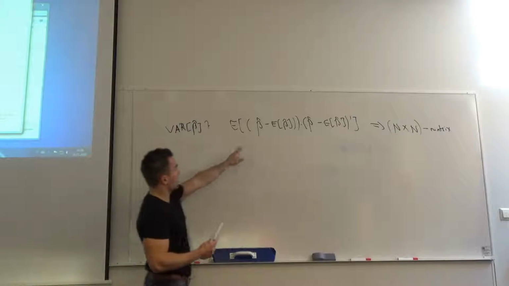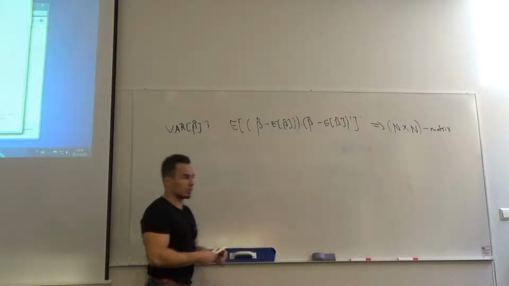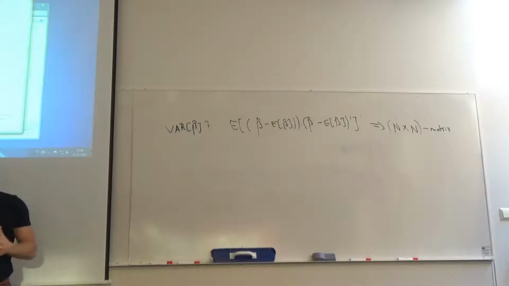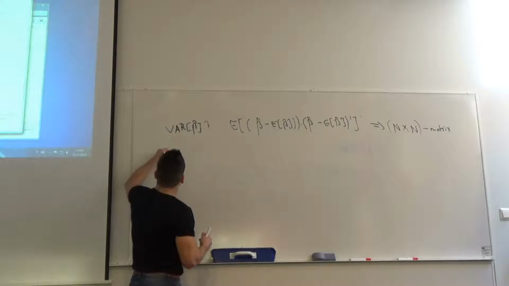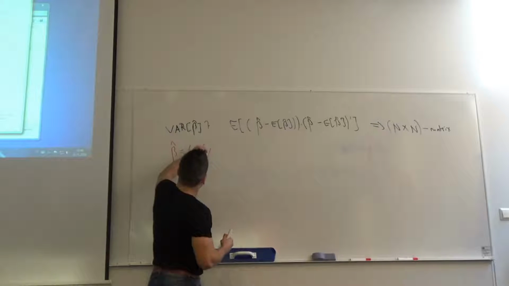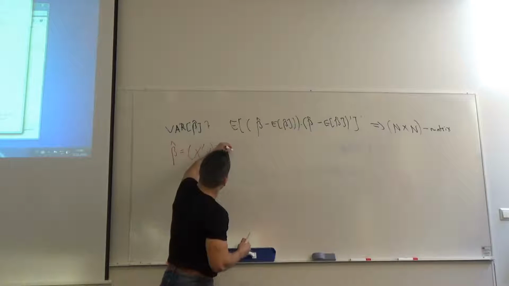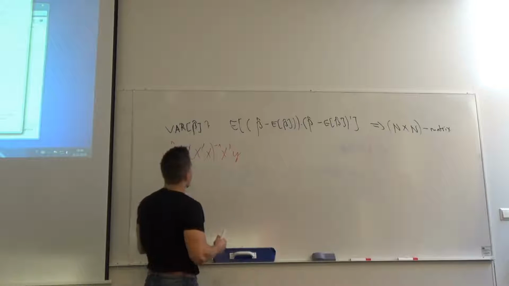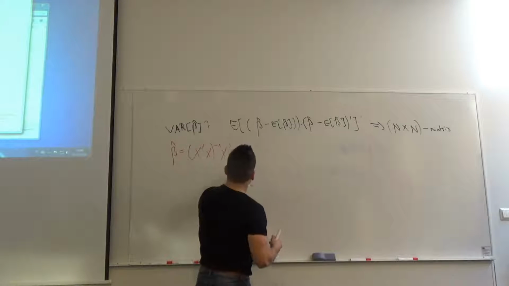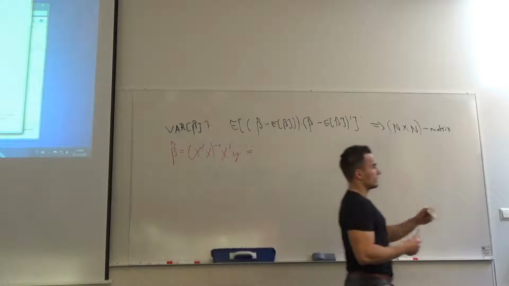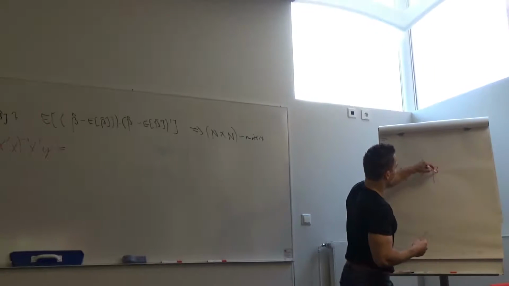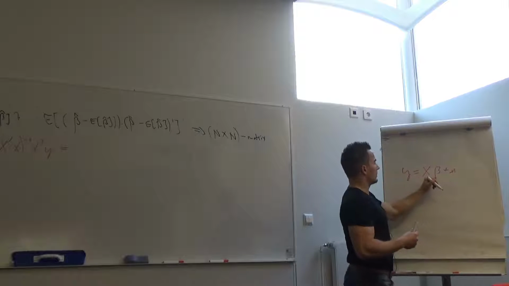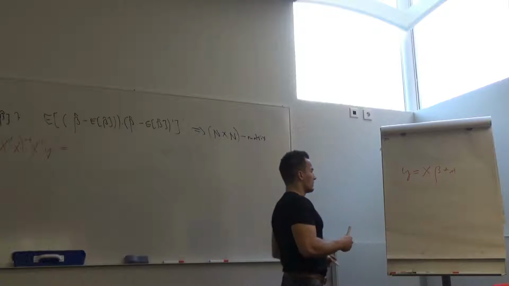So how do we get this expression here? That's not the question. Now we remember from, I think it was the first lecture, the point of departure is again our standard formula here, and then we can plug in for y what it is. y is x times beta plus u.